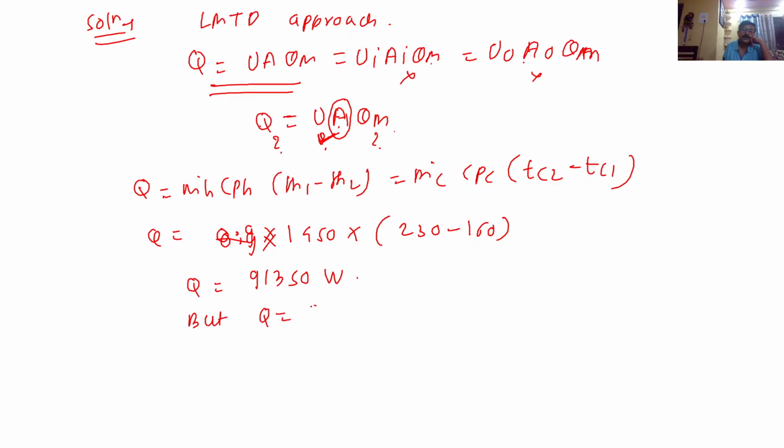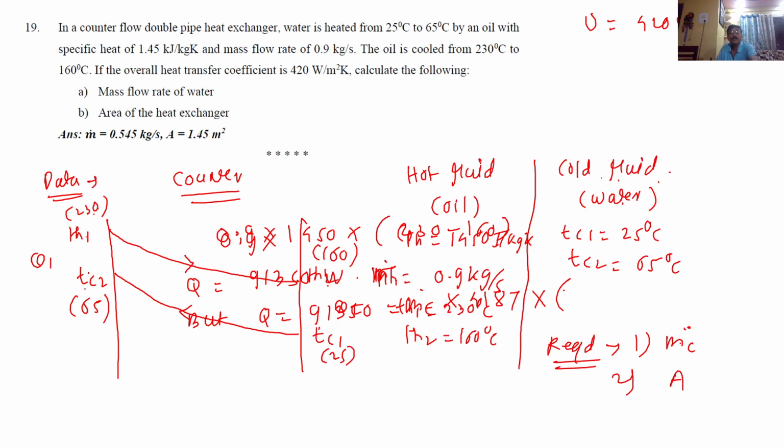Q is equal to, that is 91350 is equal to M dot C into CPC. Specific heat of water is not given, cold fluid is not given. So take a standard value for specific heat of water, that is 4187 joule per kg Kelvin. 4.187 is kilojoule, so it is joule 4187 into TC2. What is TC2? Something is problematic here.